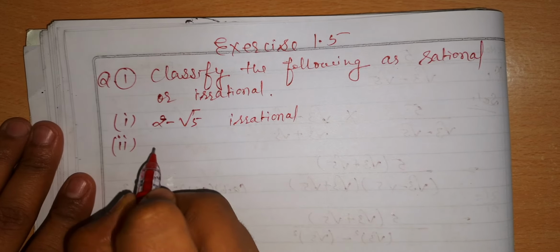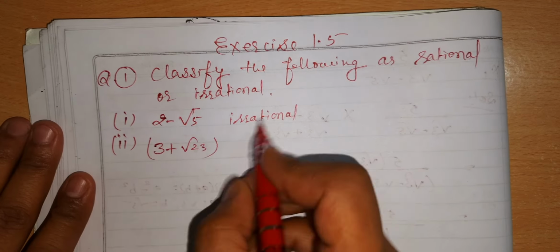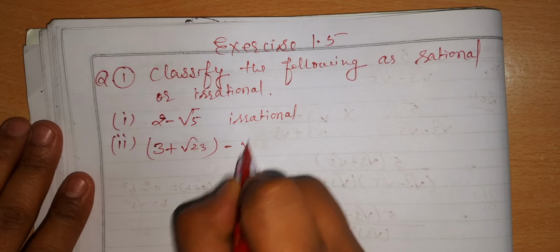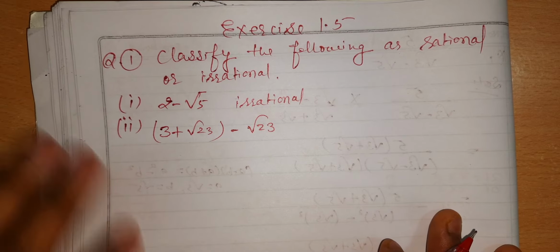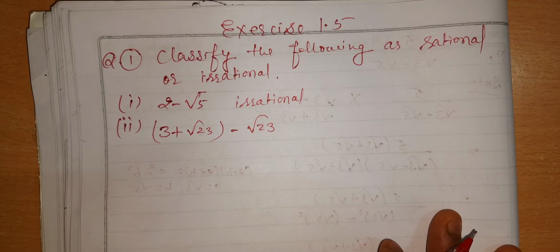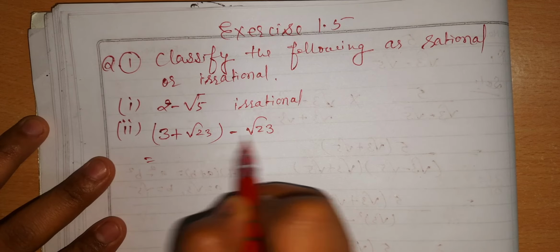The second one is 3 plus root 23 minus root 23. Before you find whether it's rational or irrational, just check whether the number is given in the simplest form or not, or whether we can further simplify it. Here we can open the bracket.